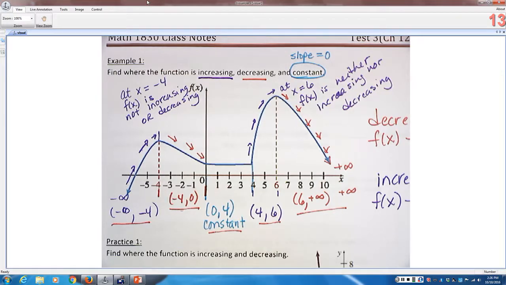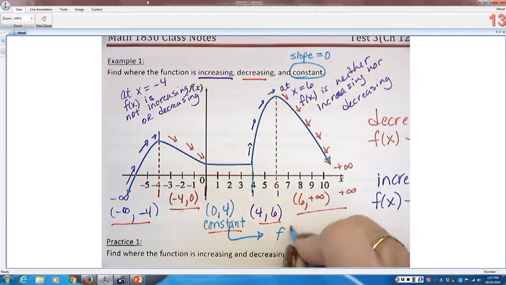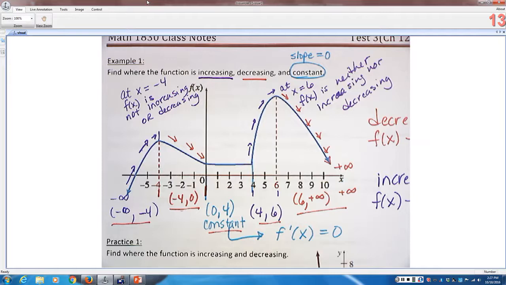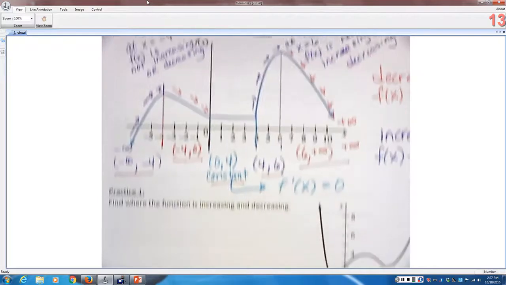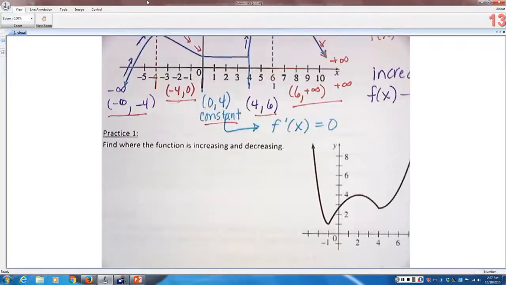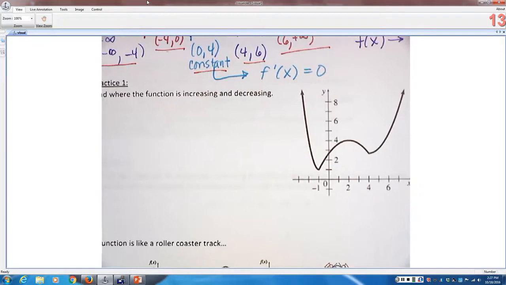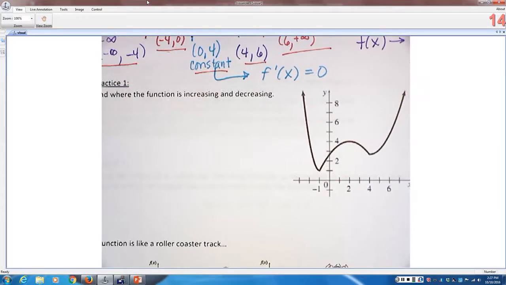And then of course constant means the derivative is going to be 0. So for practice, tell me when the function is increasing and when is it decreasing.